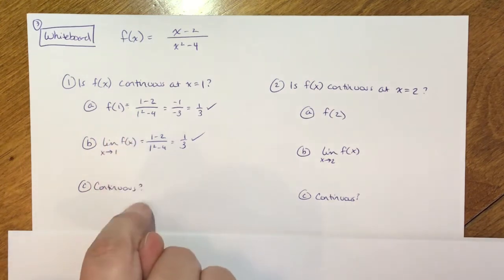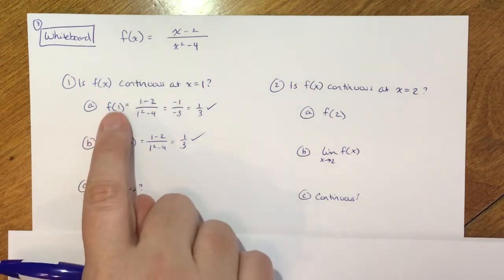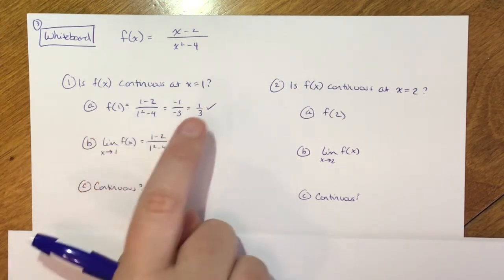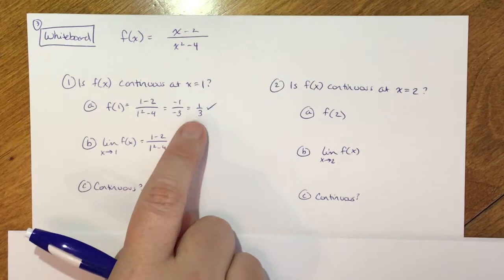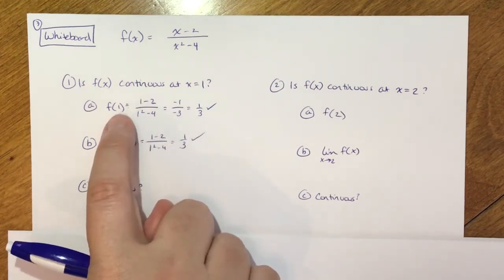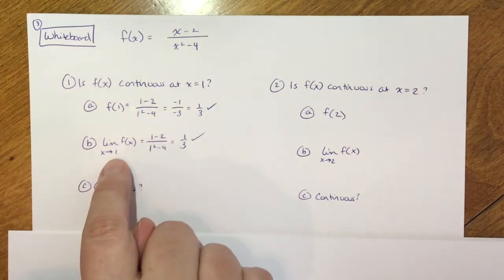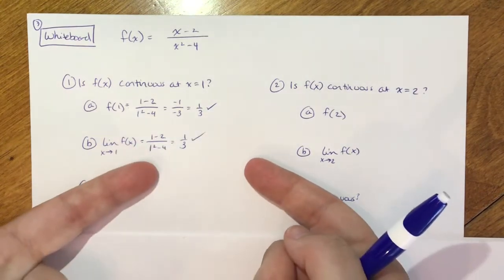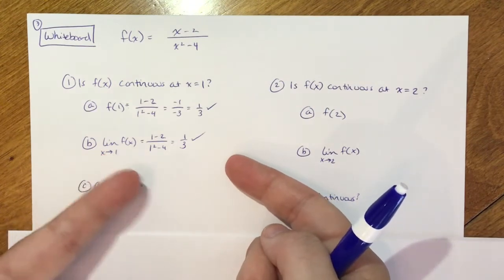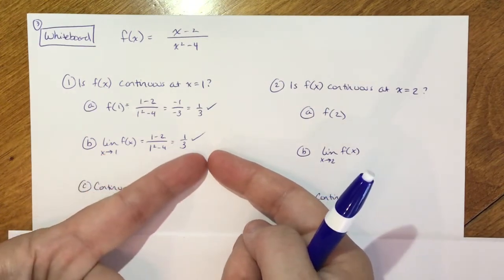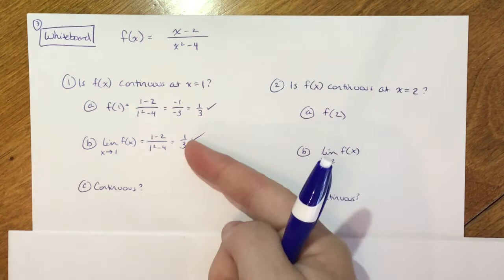And now for the third part, to see that it's continuous, I have to show that those two values equal each other. And they do, they're both 1/3. So this tells me on my graph, at the x value of 1, I have a y value of 1/3. This part tells me if I graphed it and I looked at the left and right hand sides, as I got closer and closer to an x value of 1, I would see I'm getting close on both sides to a y value of 1/3.